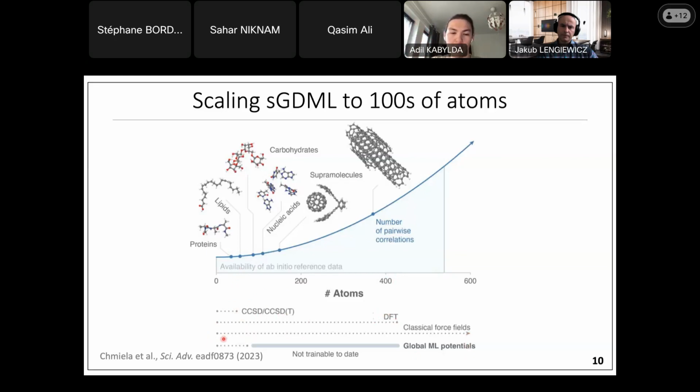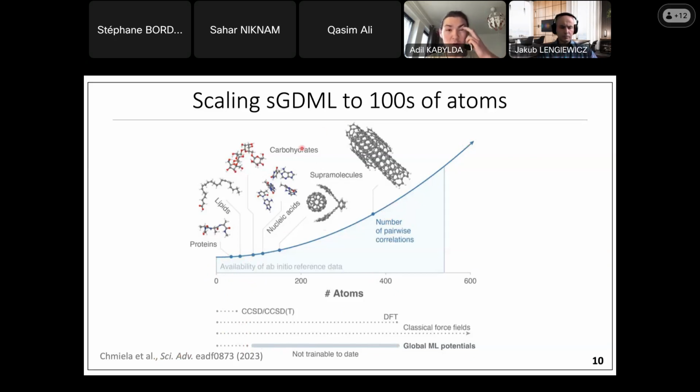But the problem at the time was that the global machine learning potentials, global in the sense that they correlate all interactions in the molecule, were only applicable up to 30, 40 atoms or so. In this work, we introduced a new iterative solver, about which I will not talk today, but basically we extended the applicability to a few hundreds of atoms.